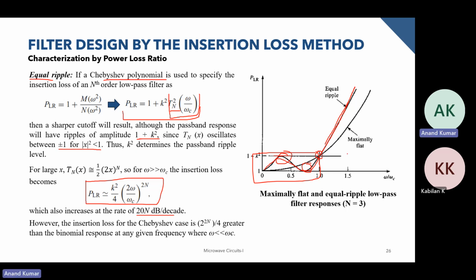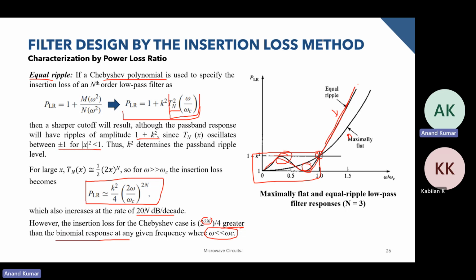If you compare the Chebyshev case, the insertion loss is 2 power 2n by 4 greater than the binomial response for higher frequencies. So this is how we compare the equiripple and the maximally flat responses.